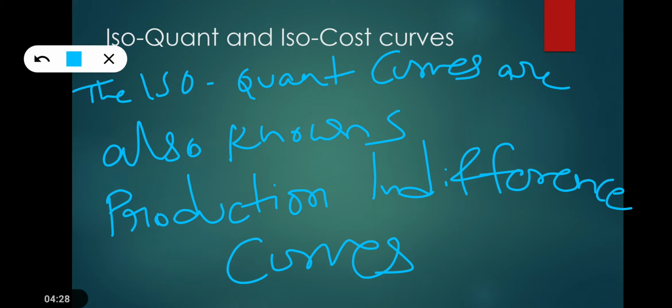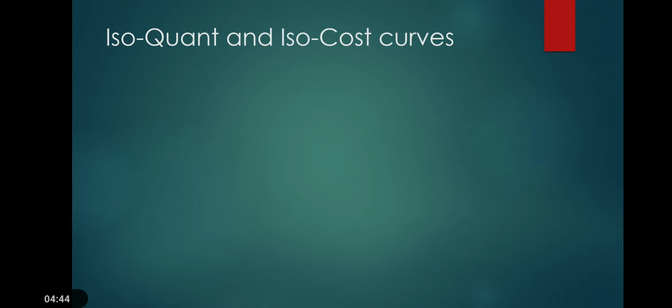Here you can observe, Iso means equal, Quant means product, that is equal product curves. When the product or output is equal, there is no difference. That's why Iso-Quant curves are also known as production indifference curves.